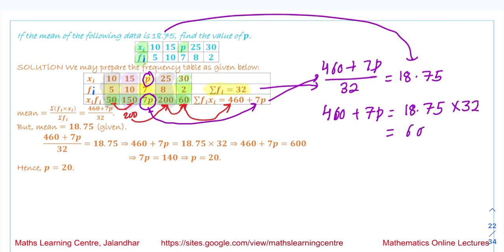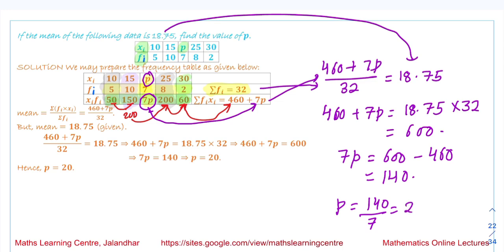So that is equal to 600. So we get 7P is equal to 600 minus 460, that is equal to 140. So the value of P that we will get, it is 140 by 7, that is equal to 20. So this is the value of P that we will get, that it is 20.